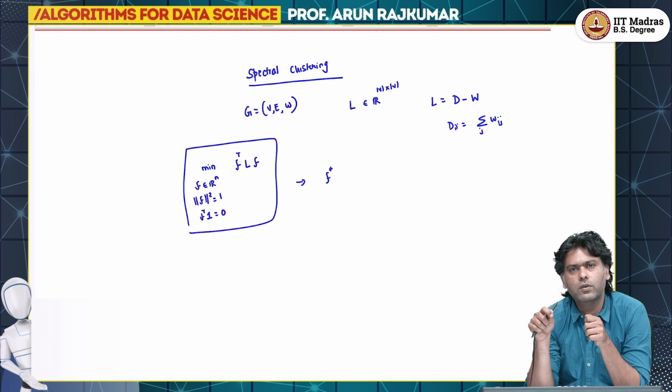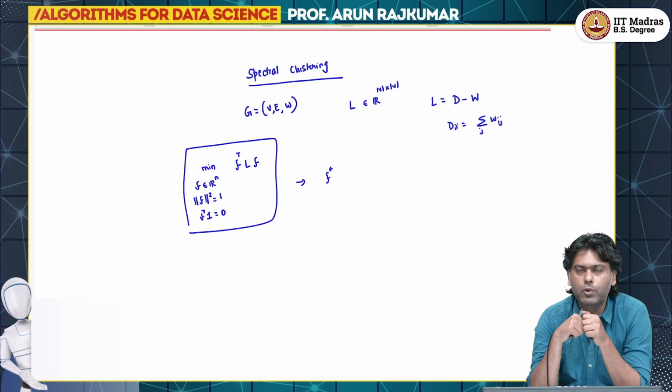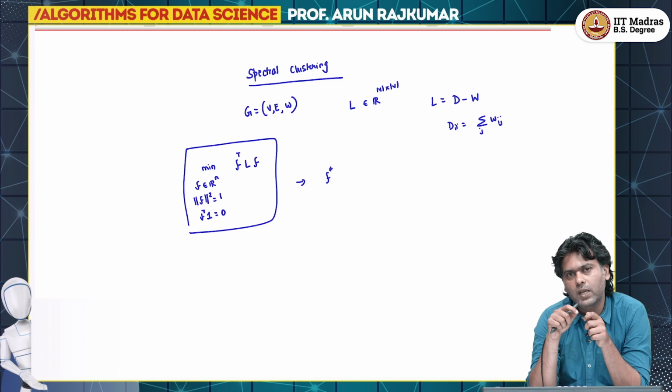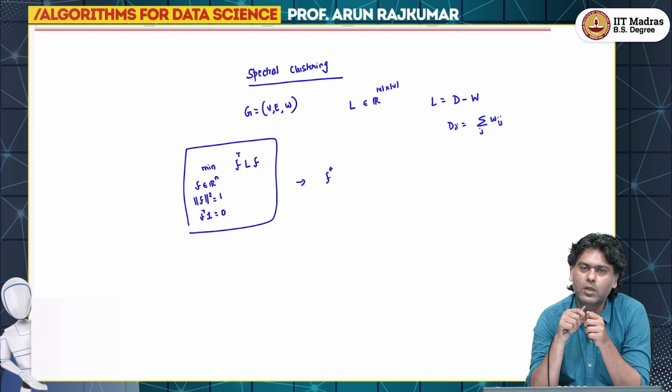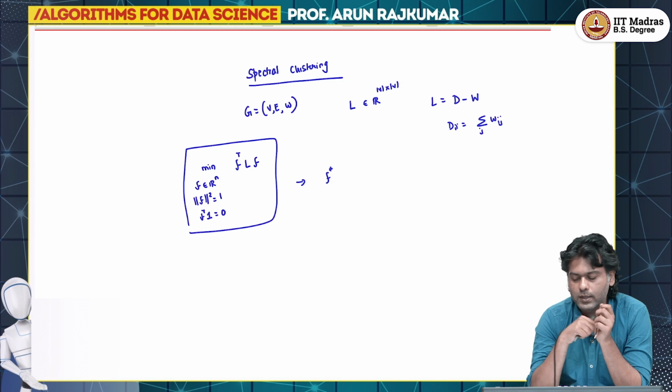Or you can take the values of F star, and now it is like all the data points have been mapped to a one dimensional space, so to say, where this one dimensional number for each data point is given by that particular component of F star vector, which is an n dimensional vector. So each dimension, you can think of it as one number that corresponds to each of these data points.